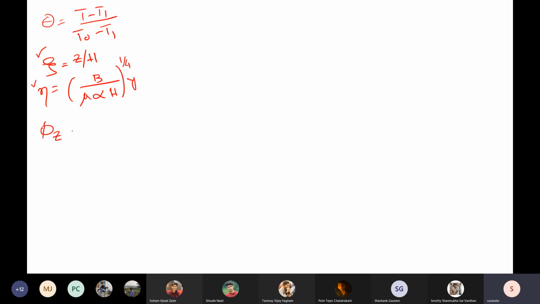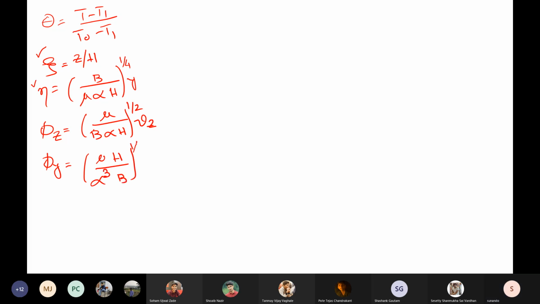And the phi Z and phi Y, these correspond to velocity. Once again, as I mentioned, there is no understanding part involved here. Just for completeness, I am writing it. And everything is there in BSL.